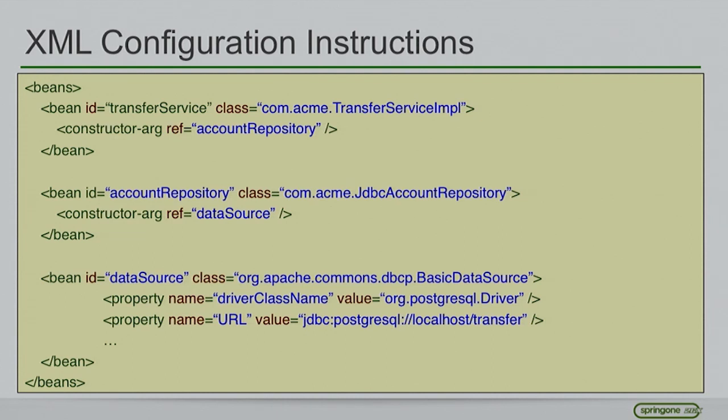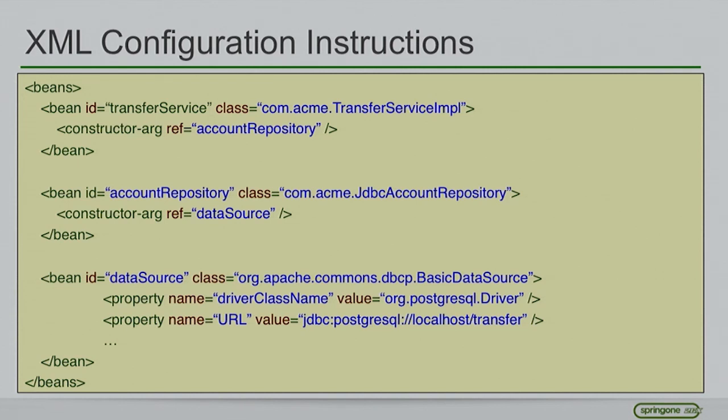Number 1, what class to instantiate. You guys can see that right up here. We have a class at the top, com.acme.transferServiceImpl, com.acme.jdbc account repository. So we're actually describing what specific class implementation I will instantiate.